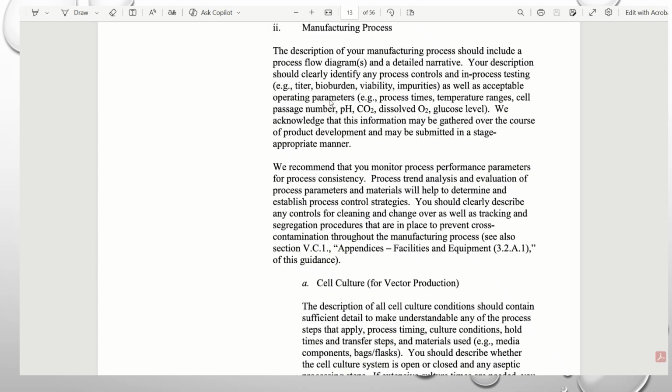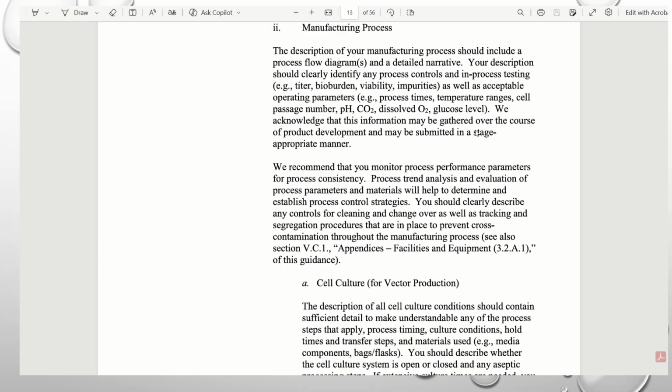And operating parameters: this is process time, temperature ranges, cell passage numbers, pH, carbon dioxide, dissolved oxygen and glucose levels. So these are really critical details because changing these can impact on the quality of your cells.